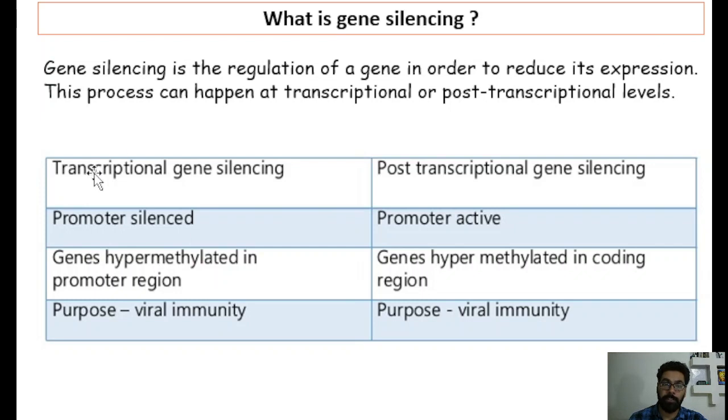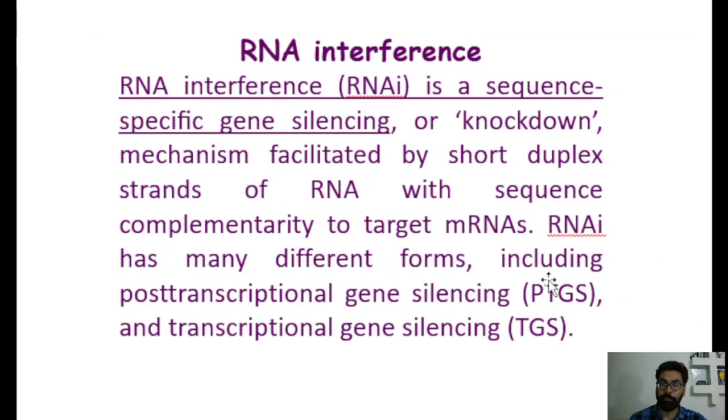In transcriptional gene silencing, mostly the hypermethylated regions in the promoter are responsible for the gene silencing, whereas in post-transcriptional gene silencing, hypermethylated regions of the coding part are responsible.